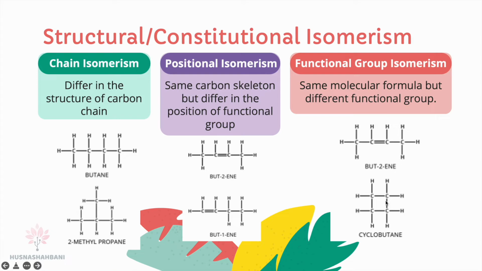So these two are functional group isomers, with different functional groups. Positional isomerism: same functional group, the difference is just the position. Chain isomerism: they need to have different carbon chains. This one has 4 carbons, this one has 3 carbons in the longest chain.